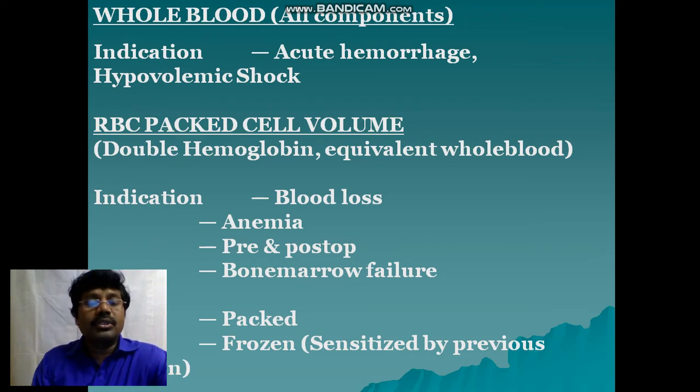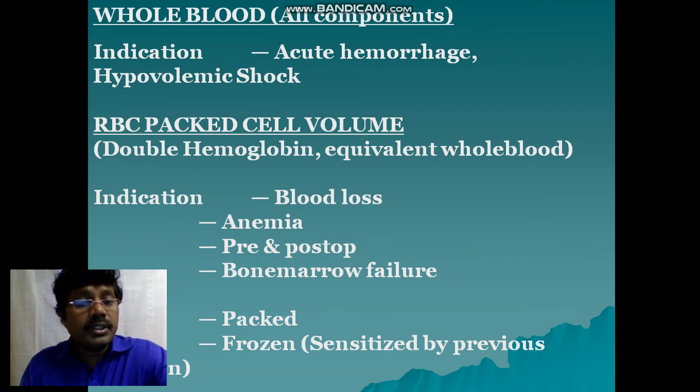The indications are severe blood loss and patients with anemia. Sometimes patients undergoing major surgeries require blood before or after the surgery, so this packed cell can be transfused. If the patient has bone marrow failure, RBC can also be transfused.